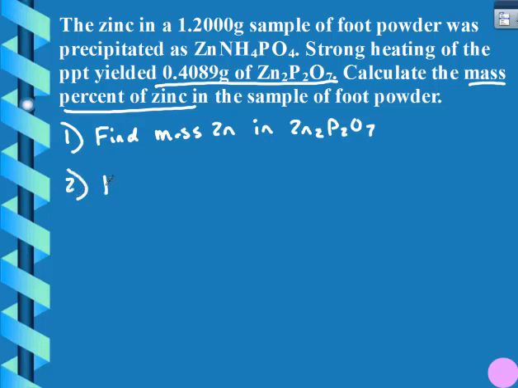And then I can just find my mass percent. So I have one less step because all of the iron went to that, and I'm just trying to find the mass percent of zinc, not of a different compound. So pause the video and find your mass of zinc and then your mass percent. Restart when you have an answer.